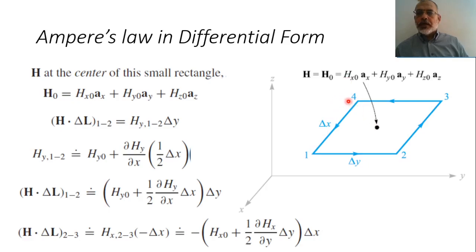So Hx at the path from 4 to 1 would be Hx at the center minus delta y over 2 multiplied by the derivative of Hx with respect to y. So the integration over the arm from 4 to 1 would be, instead of negative, positive: Hx0 minus half the derivative of Hx with respect to y multiplied by delta y, multiplied by delta x.